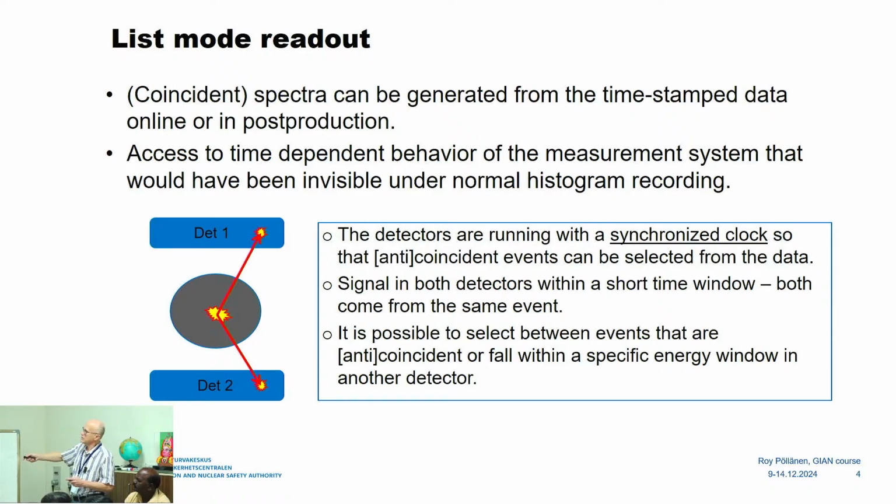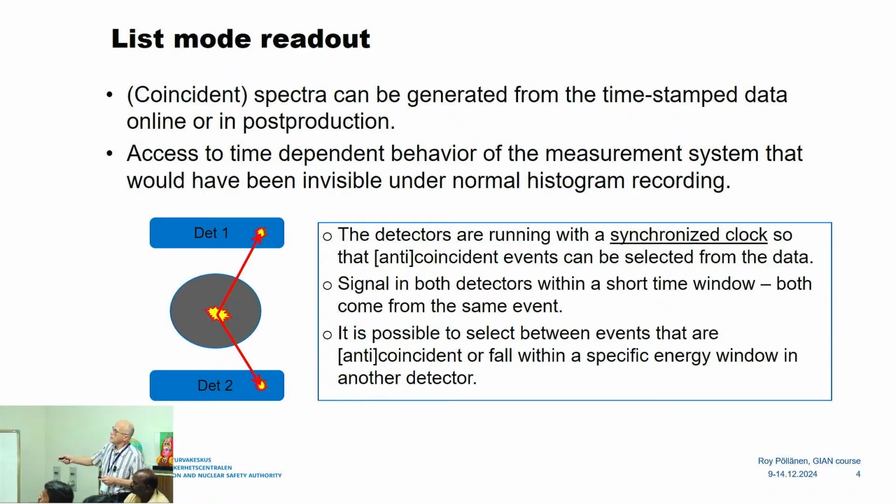It emits data to both of these systems. So, you get access to time-dependent behavior of the measurement system that would have been invisible under normal histogram recording, this spectrum that you see on the screen or on the paper.